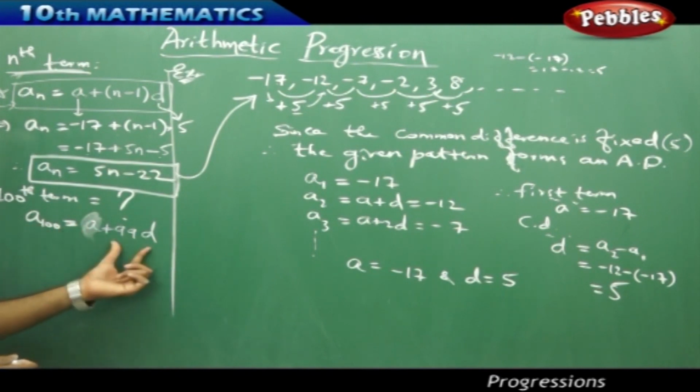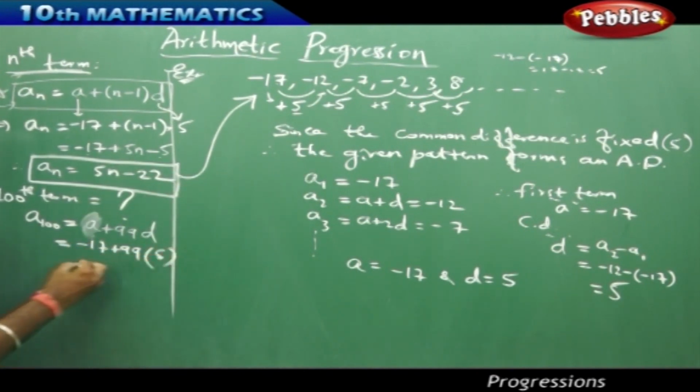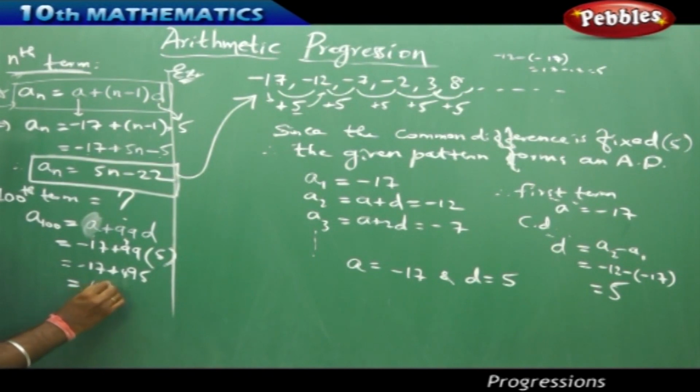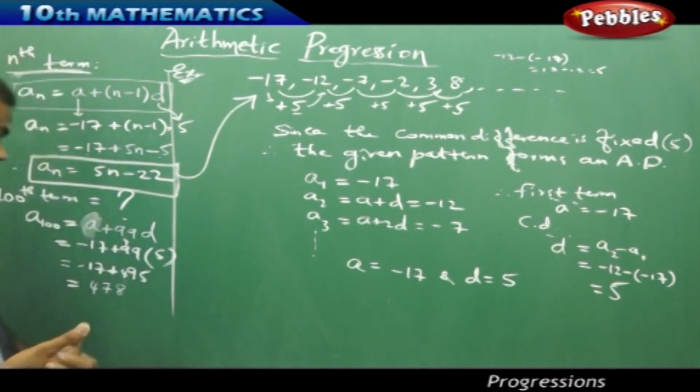So 100, one short of 99. So this would be nothing but A, which is negative 17, plus 99 times D, which is 5, which on simplification gives 9 fives are 45, 495, minus 17 gives me 478.